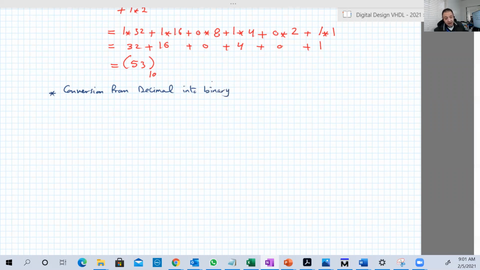So basically we have two algorithms here. If the number is an integer, we have one algorithm to follow to convert it into binary. But if the number is just a fraction, we have another algorithm.